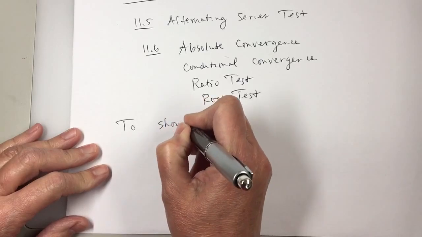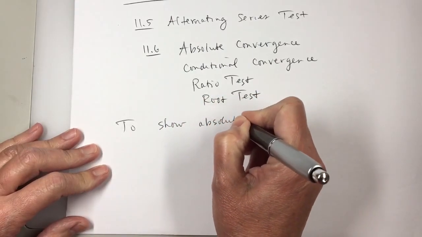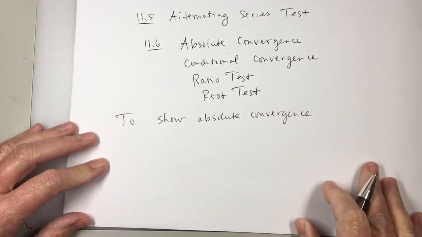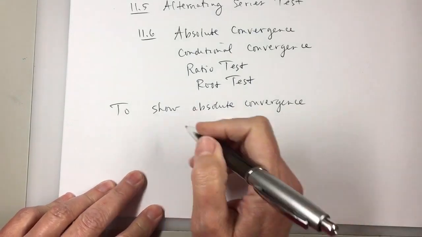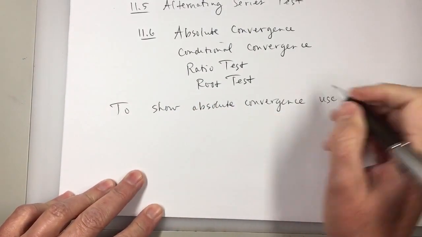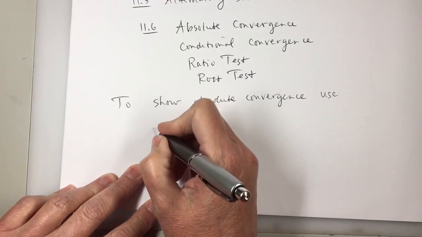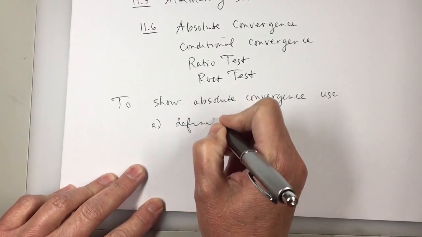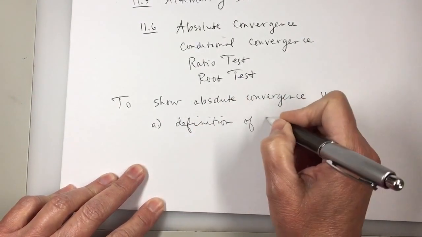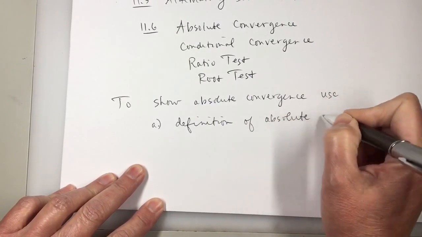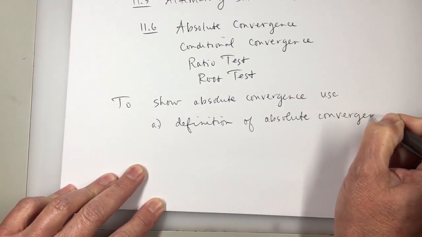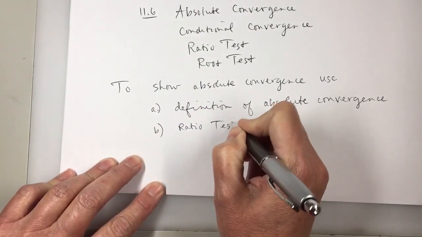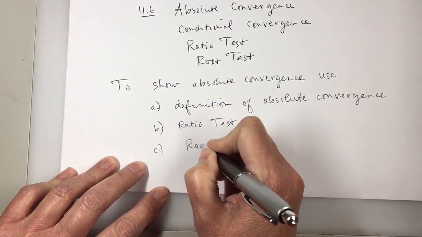So let me write, to show absolute convergence, you would either use the definition of absolute convergence, I'll just call that A, the ratio test, or the root test.